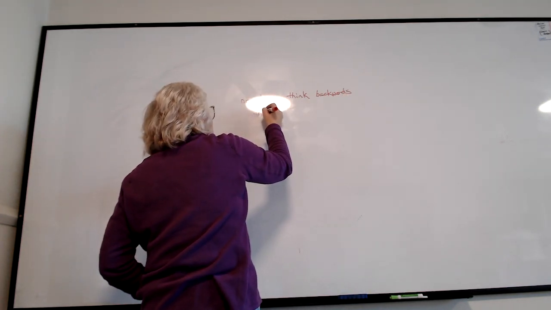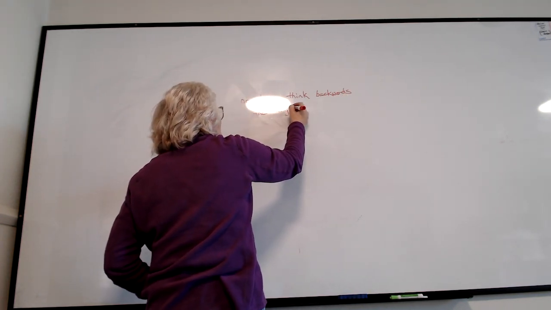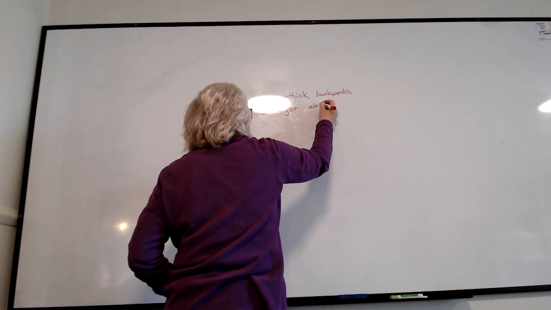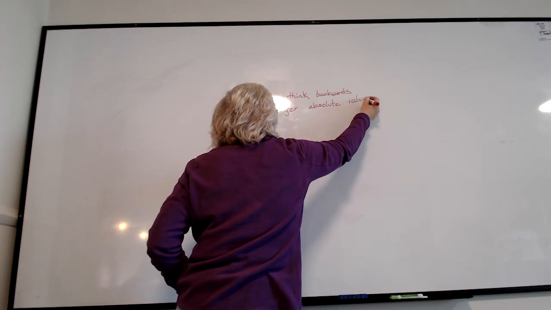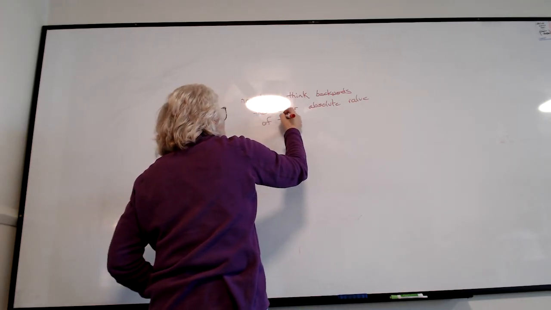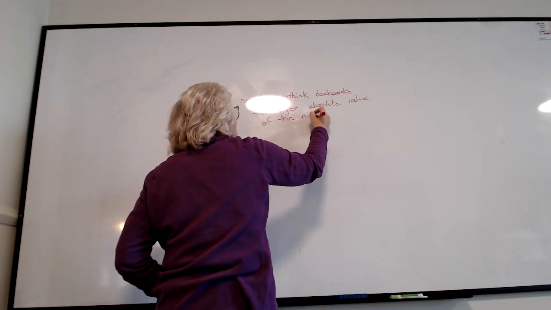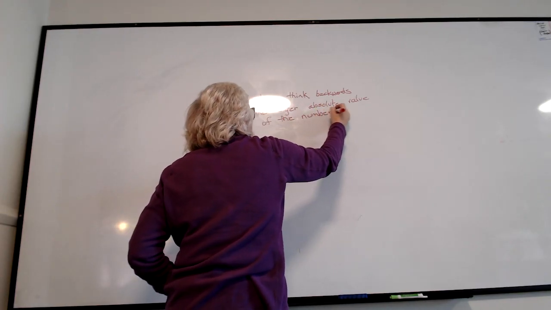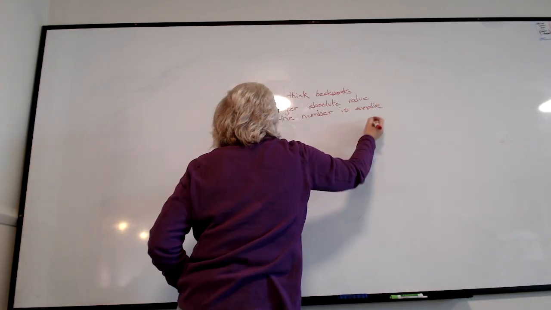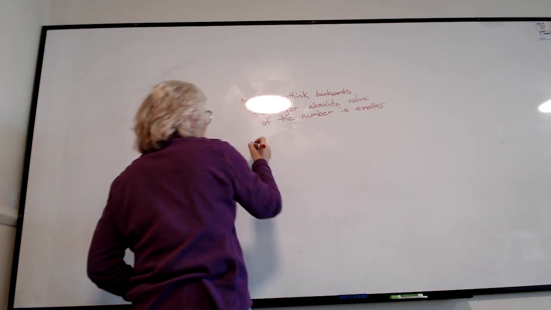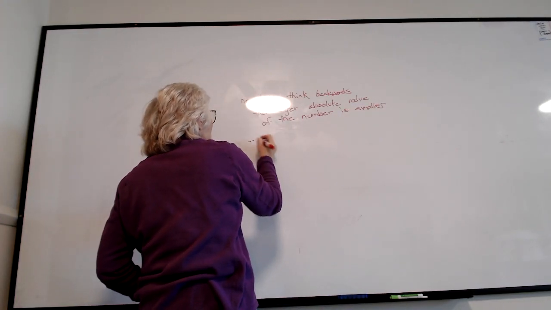The larger the absolute value of the number, the smaller the number is.